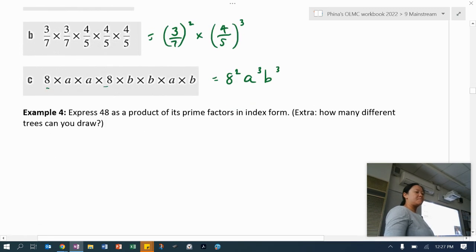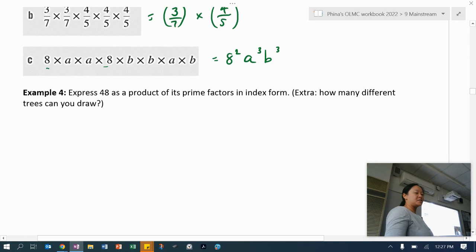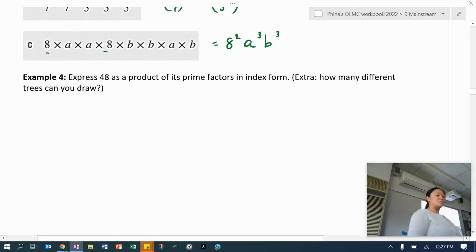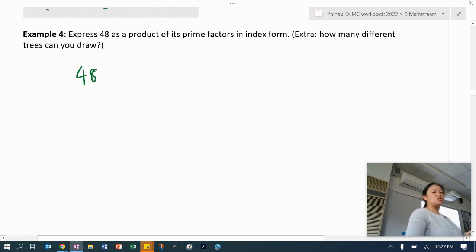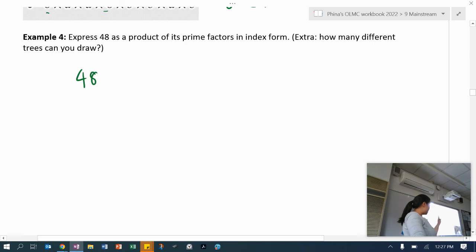Express 48 as a product of its prime factors in index form. Lots of ways to do this one. So I thought I'll just show you a couple. There's literally at least 5 or 6 ways to do this one. So start by writing 48. What are 2 factors of 48? 2 and 24? Okay. You could do 6 and 8 if you want. 2 and 24.